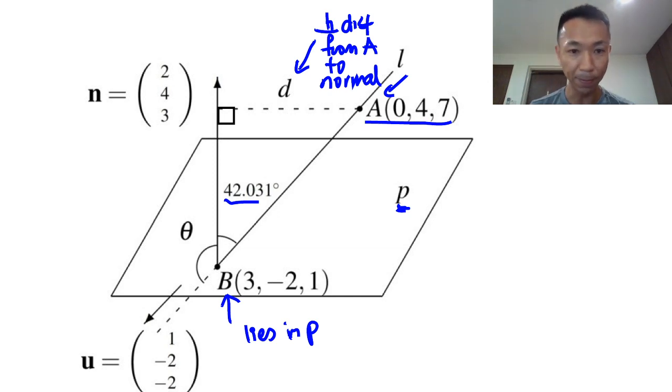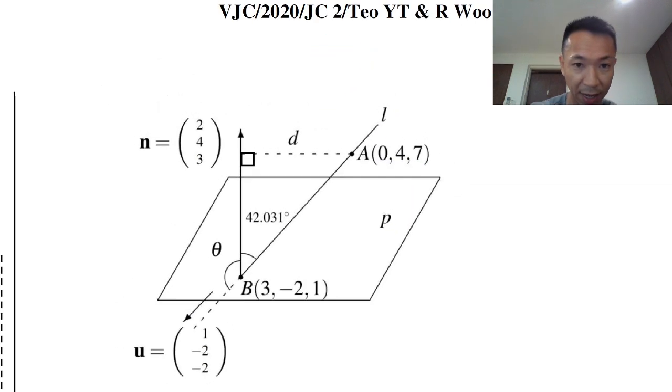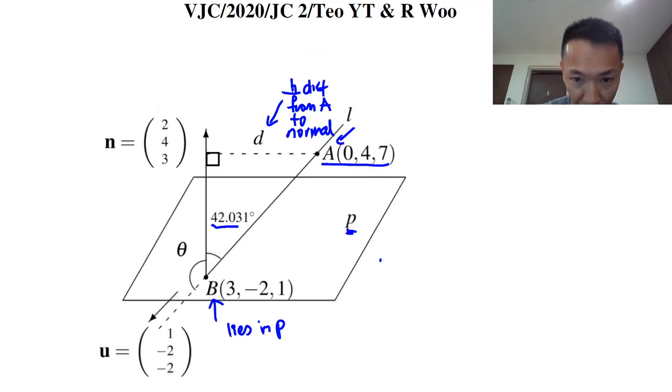Again, I say again, B lies in the plane, A is somewhere out there on the line. You have found this angle 42.031. You want to find this distance D, which is the perpendicular from A to the normal. I think the answer is out, because if I can simplify this here like that, this becomes a right angled triangle.